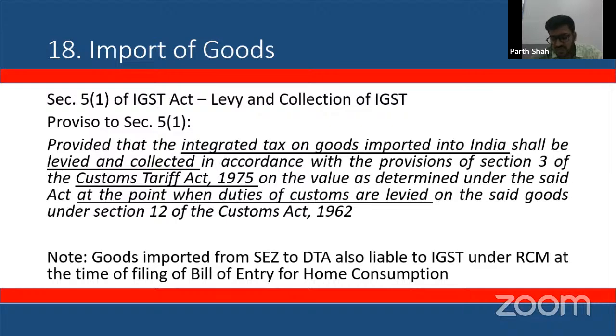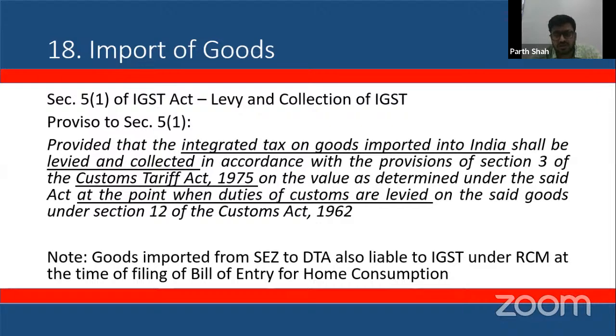So when you are importing goods, at the time when you file your bill of entry for home consumption, that is when your customs duties are triggered on a particular determined value. On that value itself, you will be expected to pay IGST as a recipient of such goods.